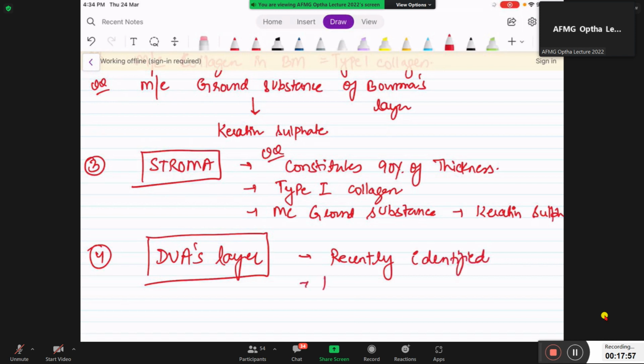And this is your toughest layer. Dua's layer is your toughest corneal layer. Clear? So these are the 2 points you have to remember. Ground substance means what the stroma is made up of, right? So the stroma's main constituent is keratan sulfate.